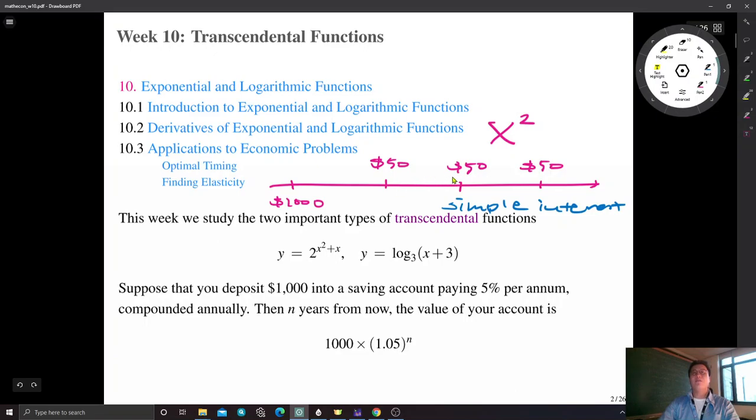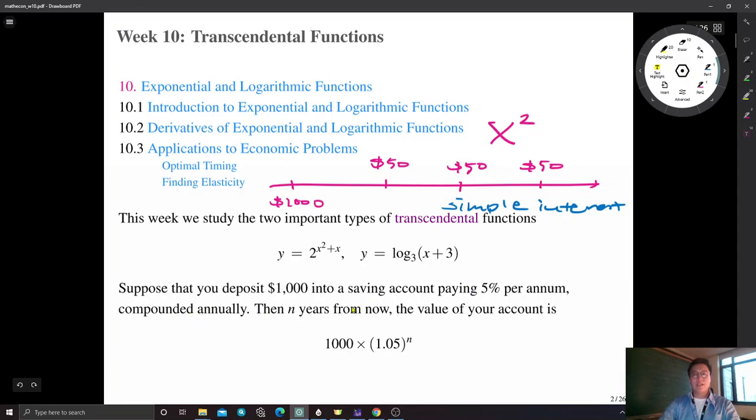But at the end of the second year, okay, you're going to get 50 for the interest on your initial investment. That is often called the principal. Okay, so that is the same. But additionally, the interest of the interest. So the interest of this 50 you earn at the end of the first year is also added to your bank account. Okay? So literally, interest is compounded.